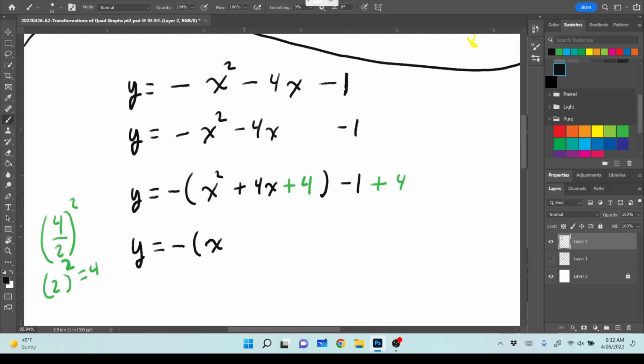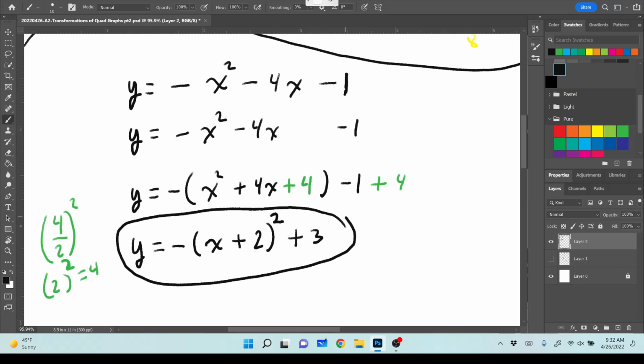I don't know whether you're writing x squared on your paper or just saying it out loud, but I want to make sure you don't accidentally put squared on the answer. Yep, exactly. So x plus 2 squared, right? Is that where you were headed before I interrupted you? Yes. And then plus 3. That's right.